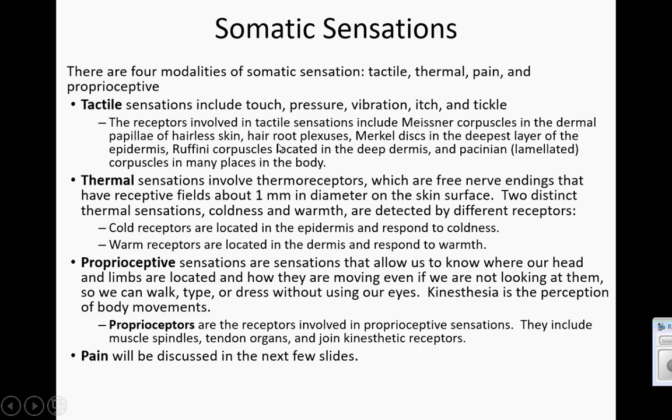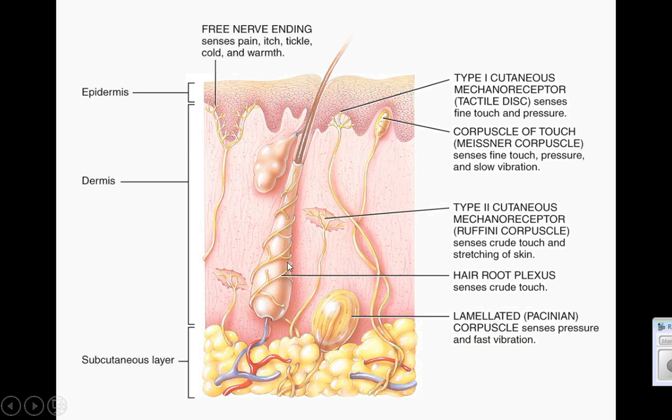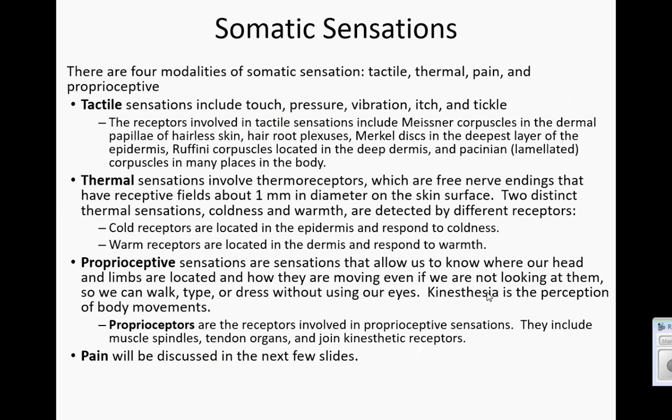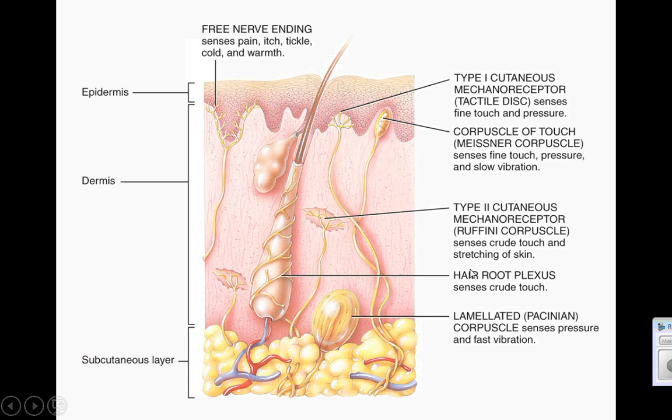Hair root plexuses are free nerve endings that surround our hair follicles, allowing our hair to be an extension of them and sense things like crude touch. Merkel discs, or tactile discs, are found in the deepest layers of the epidermis. Ruffini corpuscles are located in the deep dermis, and Pacinian or lamellated corpuscles are found in many places of the body.